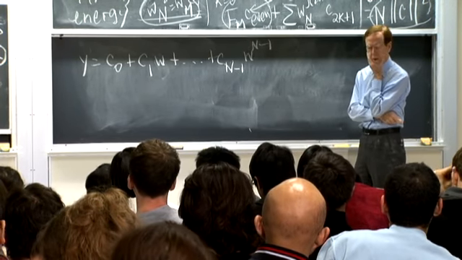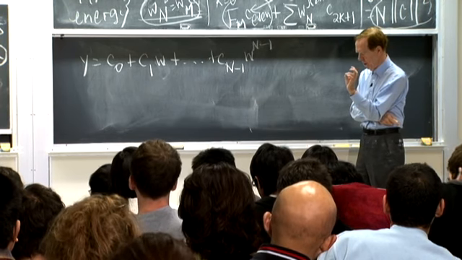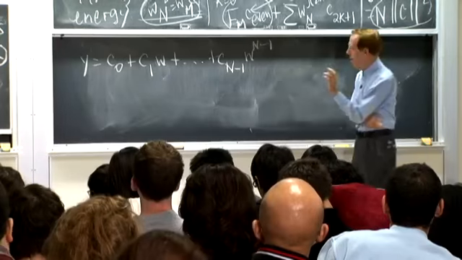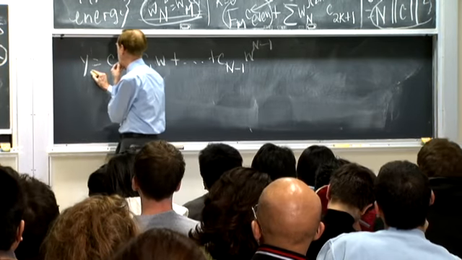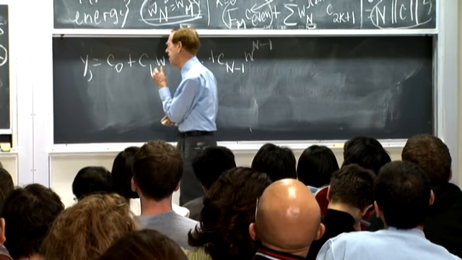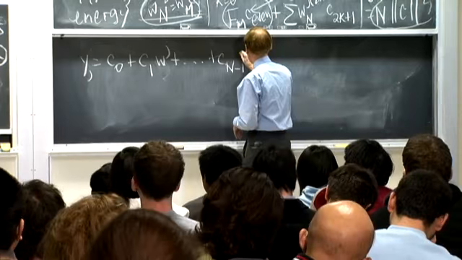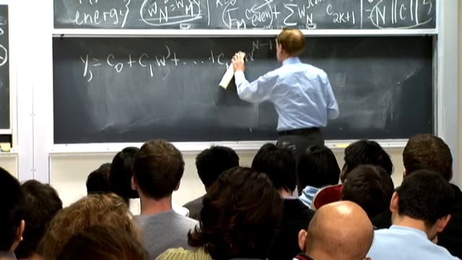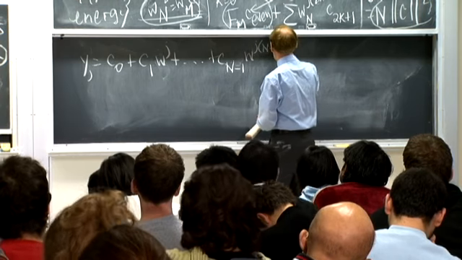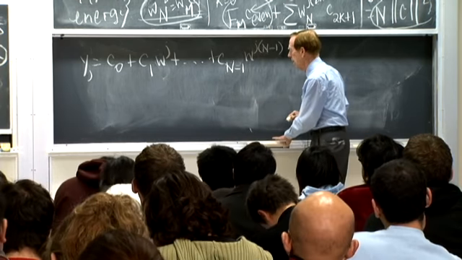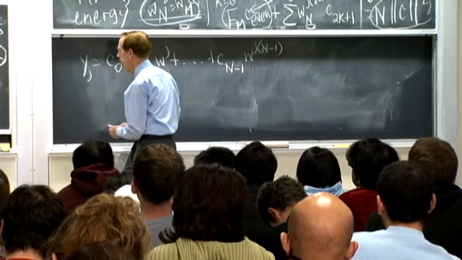I haven't got that right. I'm looking at y_j, the jth component of y, so I need w^j, up to w^(j(n-1)). Okay, all right, and so that's my f.